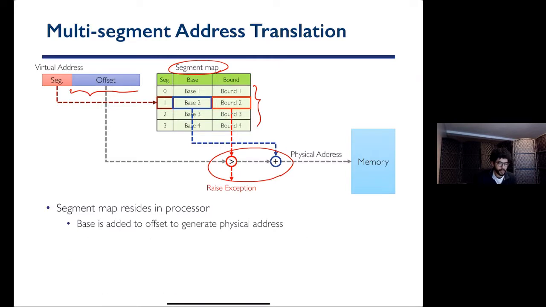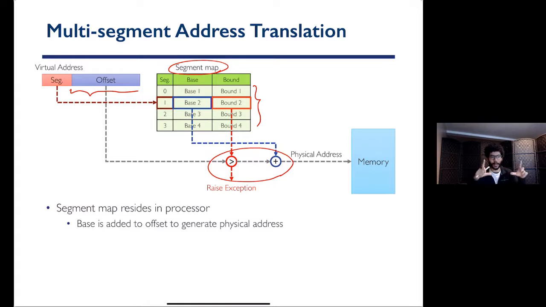Now, this segment map resides in the processor, so this is extra hardware we need. With the vanilla base and bound, we just needed 2 registers, and every time the operating system brings in a new process, it has to change these 2 registers. With this multi-segment address mapping, we need a bunch of these base and bound registers.